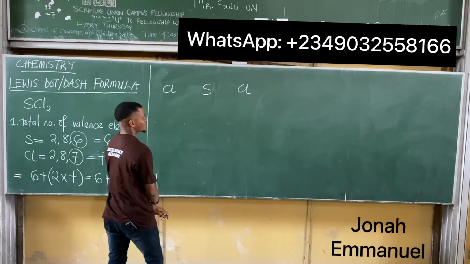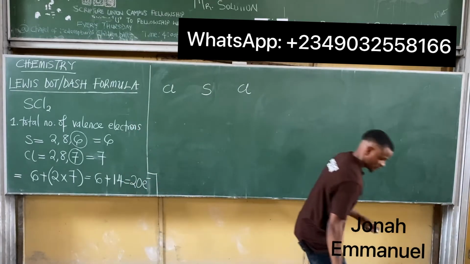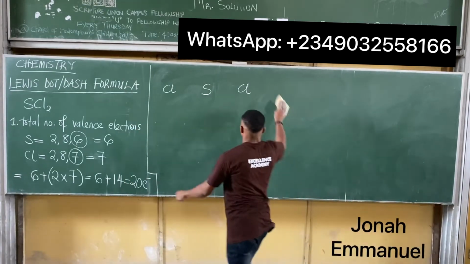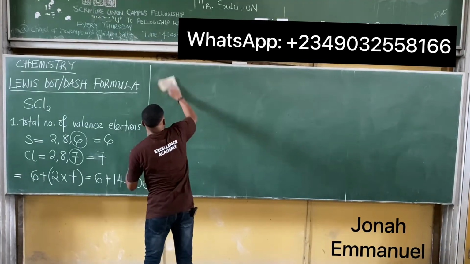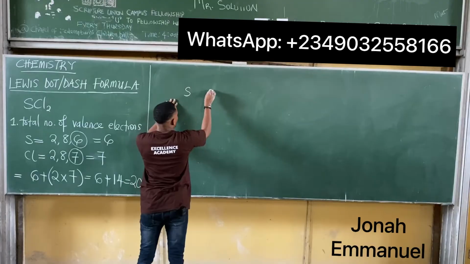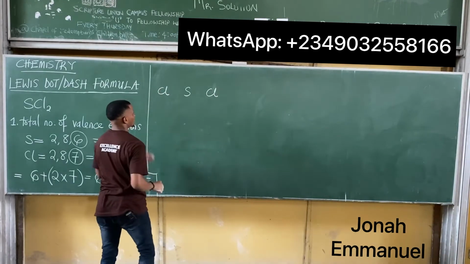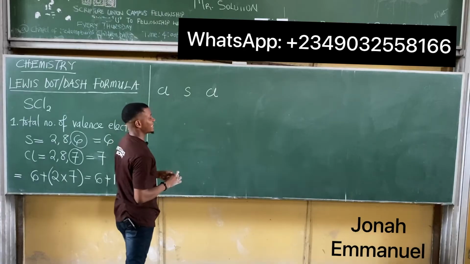Now, how do I write this? So I have sulfur this way, and chlorine on each side. How do I position the electrons?